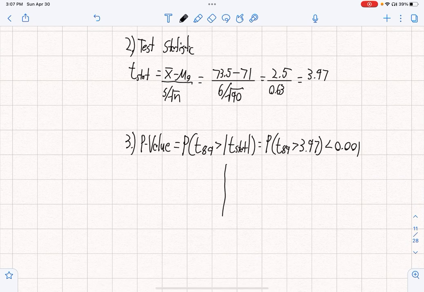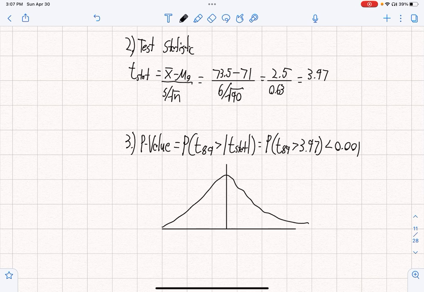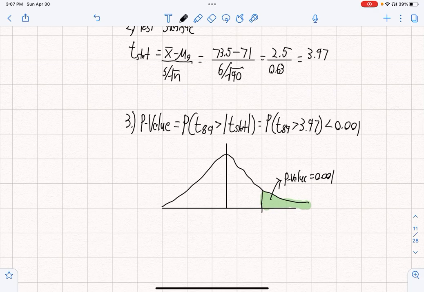So if we were to draw this, this is going to be the p-value. But like I said, if you were to look at T89, the biggest value you would probably find is like the value 3, which would give you an area of like 0.001.